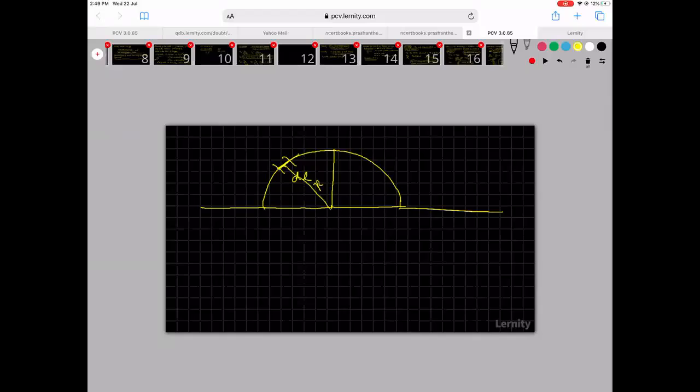The current is going this way, magnetic field is this way, so the force is in this direction, right? That force has two components, one like this and one like this. If this angle here is theta, then this angle is also theta. So this is equal to f cos theta, this is equal to f sin theta.